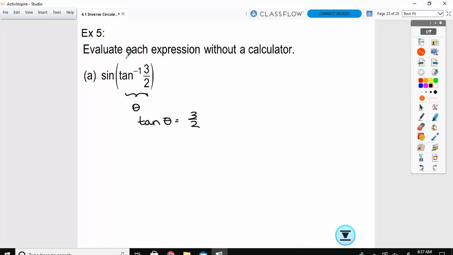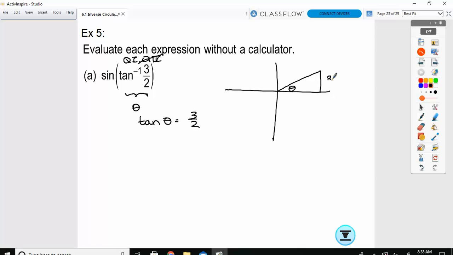If I'm looking at tangent inverse, what quadrants can we be in? But it's a positive 3/2, so that would be quadrant 1. So I'm going to draw a triangle. Okay, we're in quadrant 1.